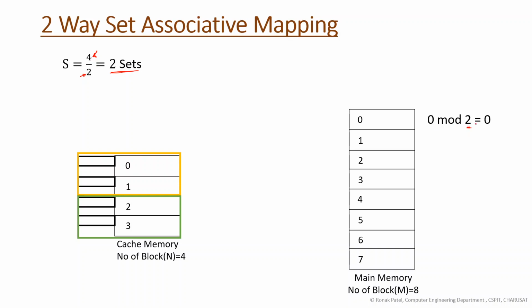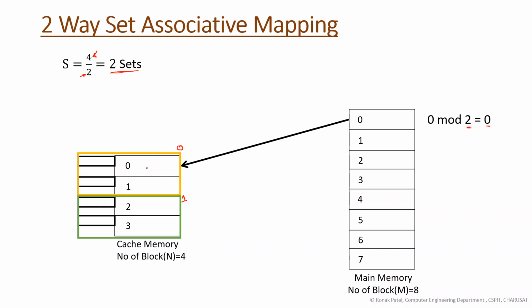So 0 modulo 2 means 0. So block 0 can be placed in set 0. This is set 0 and this is set 1.